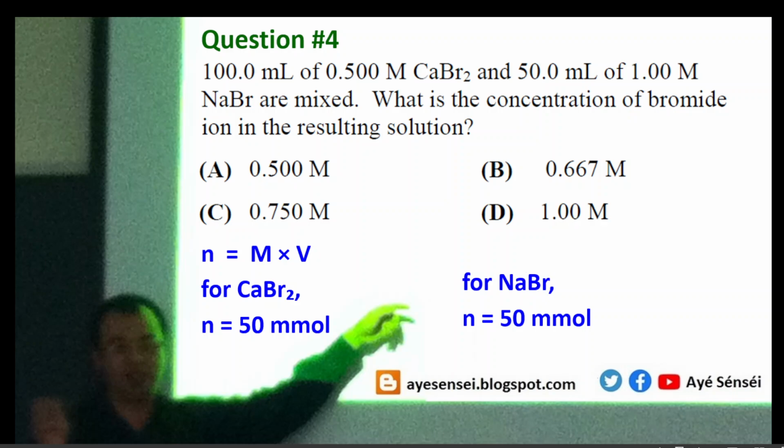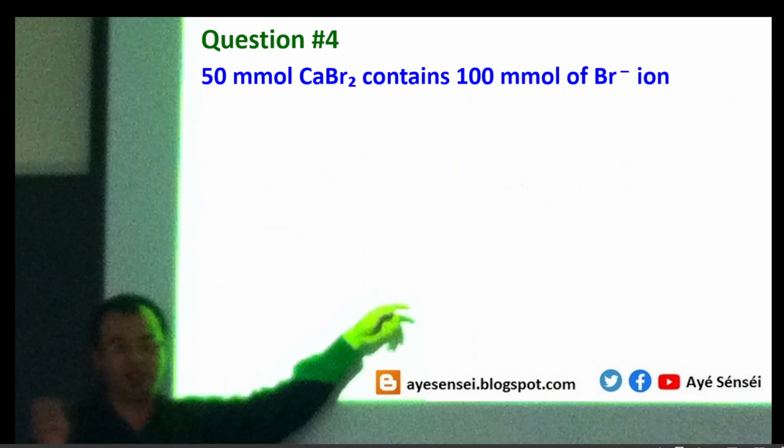However, the question is to find the concentration of the bromide ions. So we have to convert these moles into bromide ions. First, for calcium bromide, since the valence is 2, if there are 50 millimoles, then the number of bromide ions will be 100 millimoles, which means we multiply by 2.